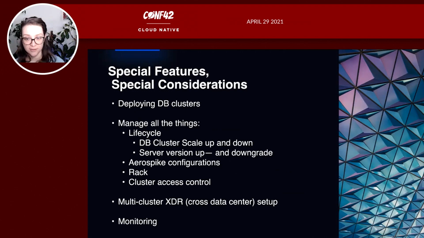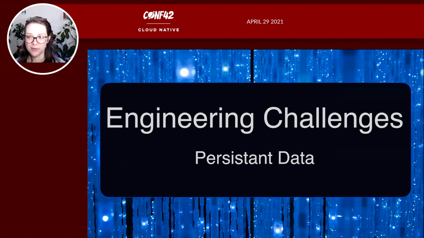Also, it handles all the fine details of the multi-cluster cross data center replication setup. So remember how we said it spreads across different availability zones, different cloud providers, and even a combination of cloud and bare metal. That's a lot of configuration to figure out and keep up. And it monitors everything.